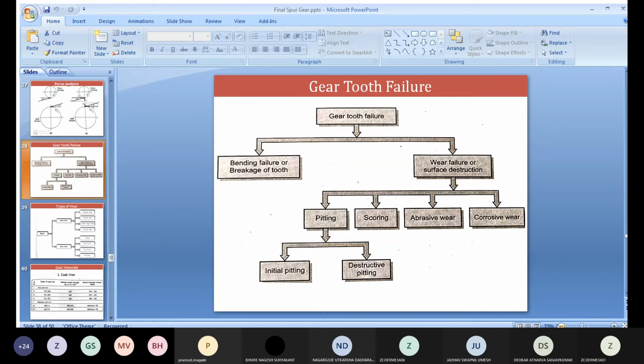Due to that, corrosion will occur on the surface of the teeth. So just write down corrosive wear.